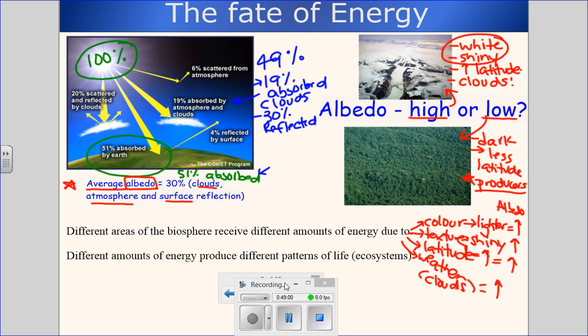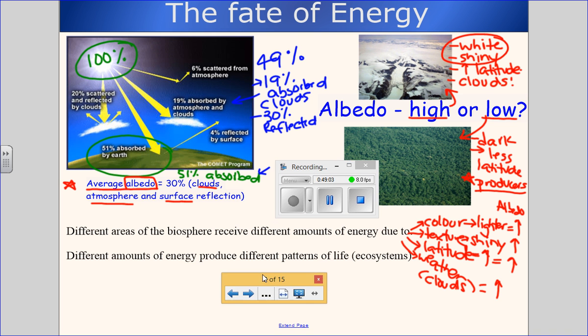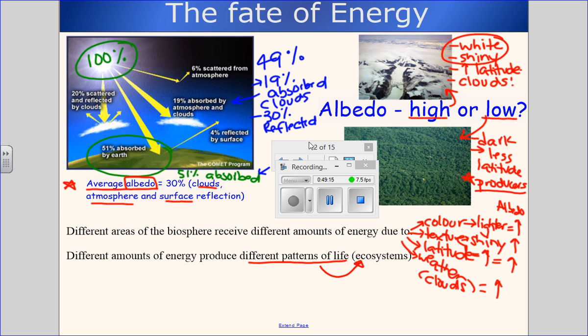The idea then that you need to understand is if there's different amounts of energy because of albedo, then there are different patterns of life. There are different ecosystems that exist.